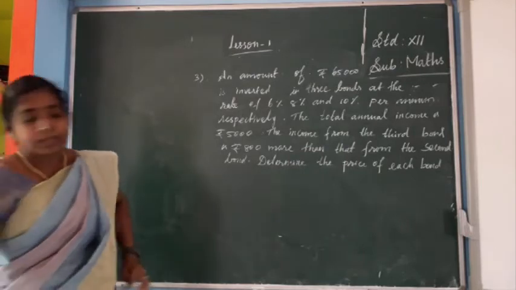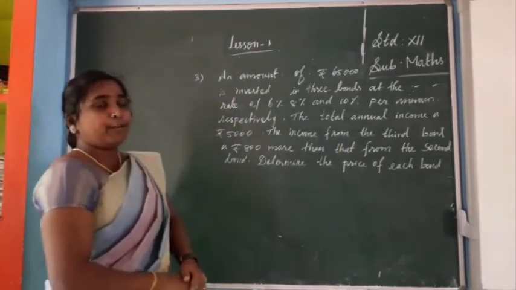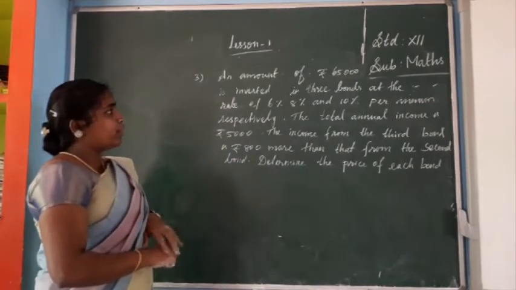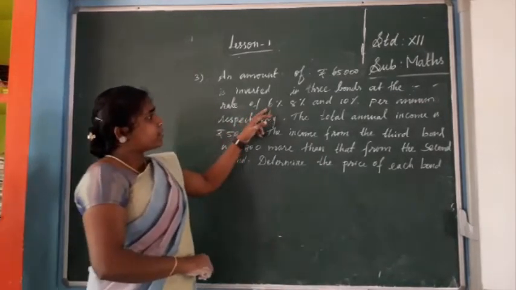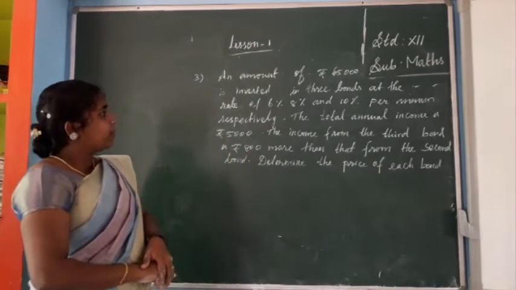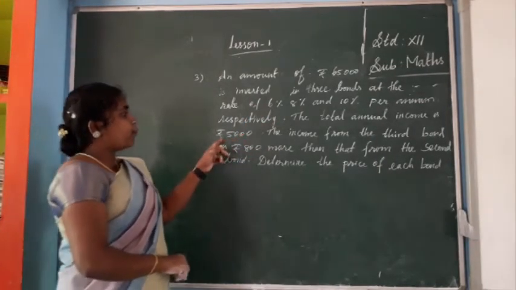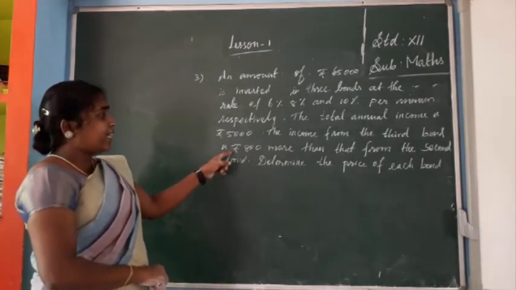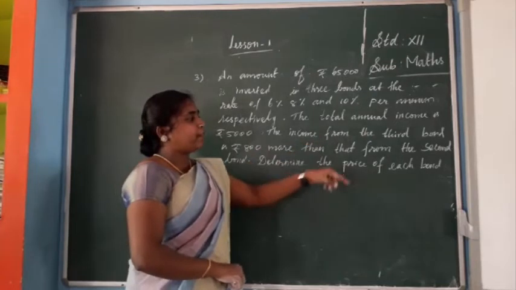Okay, listen. An amount of rupees 65,000 is invested in 3 bonds. The first bond is 6%, next 8%, next 10%. The total annual income is rupees 5,000. The income from the third bond is rupees 800 more than that from the second bond.